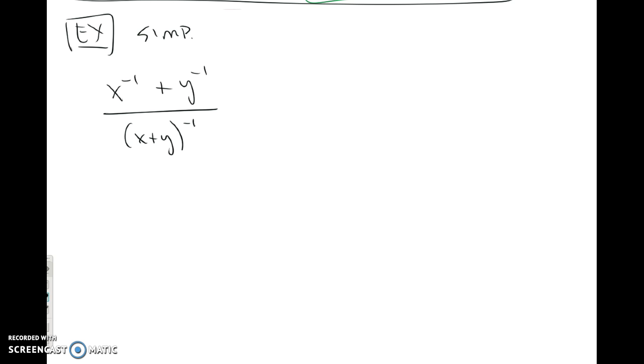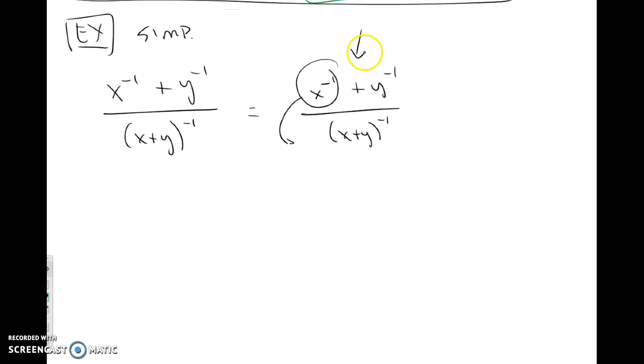So first of all, I want to illustrate that you cannot just, for example, take this x to the -1 and just move it down here to the bottom. And I want you to understand why not. It's because of this addition sign here. This isn't a factor of x to the -1 that can be moved down to the bottom because of the plus sign.